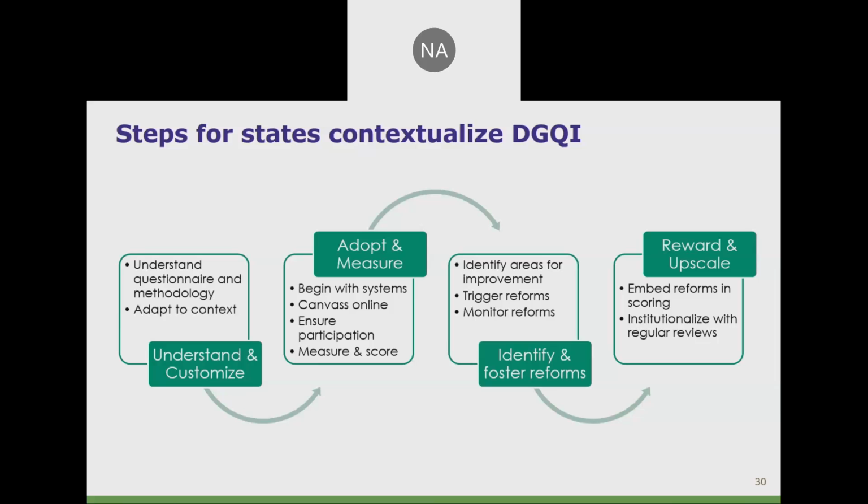The next step, once we understand and customize the questionnaire, is to begin with the self-assessment exercise with the participating agencies. The questionnaire can be canvassed on an online portal with dedicated credentials.